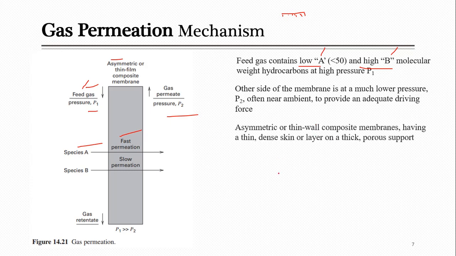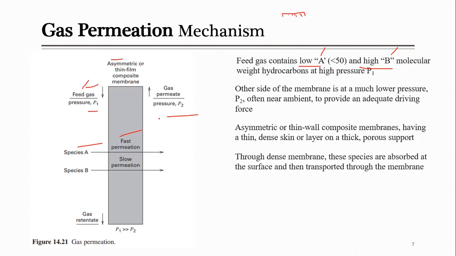So here we are using an asymmetric or thin wall composite membrane. Why are we using asymmetric? Because there is high pressure on one side and very low pressure on the other side. In order to sustain this pressure, you pour the dense membrane on the surface of another porous membrane: the top surface is an active dense layer which is non-porous, and below that there is a porous membrane. It is a similar system to what you discussed for the reverse osmosis membrane.